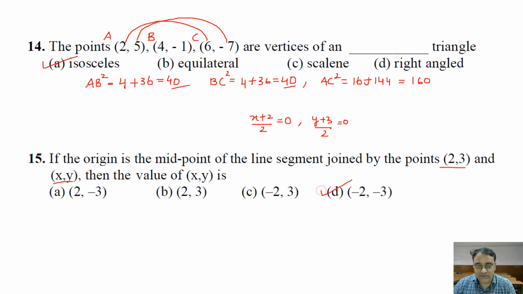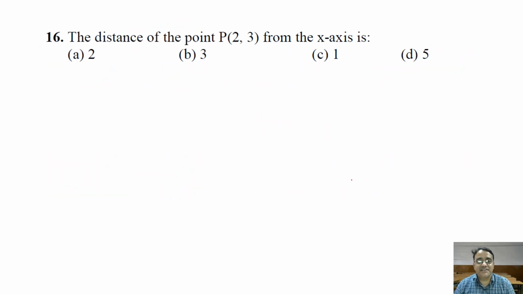Option D. Option D, right. So now we are moving toward question number 16. The distance of the point from the x-axis. One minute, many people have confusion here. That is why I am drawing a diagram to explain, okay. Suppose this is 1, 2, 3 and this is 1, 2, 3. This is basic and important. Here 2, 3 will be the point, right, this is point P. Now what is the distance of point P from the x-axis?